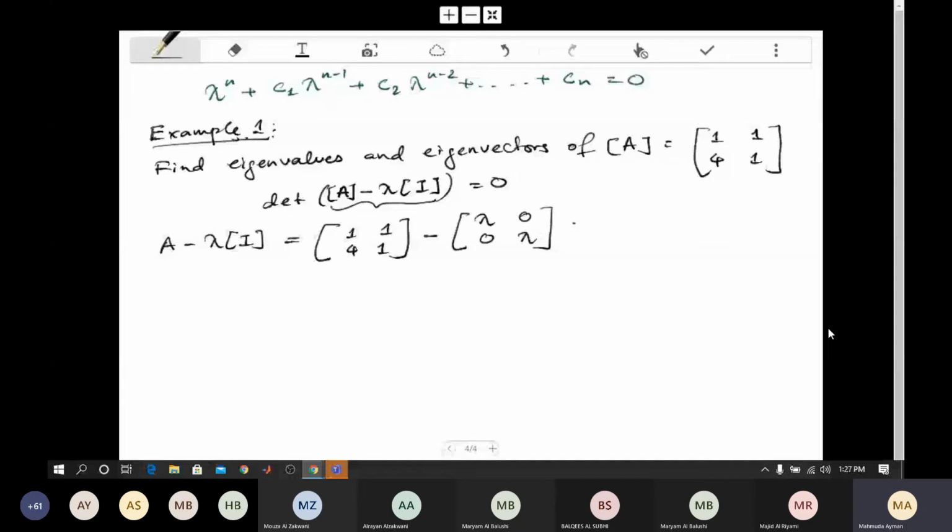As you can see, the lambda will be subtracted from the diagonal elements. So we have 1 minus lambda, 4 minus 0 is 4, and 1 minus 0 is 1 again, and then again we have 1 minus lambda.